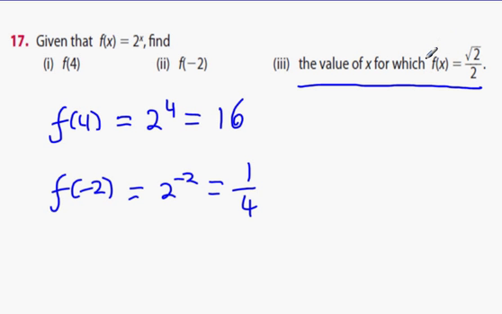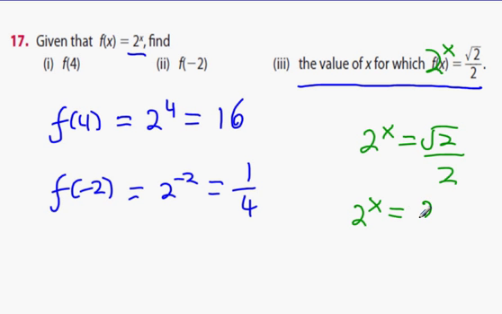Finally, find the value of x for which f of x equals root 2 over 2. What can we change f of x with? 2 to the power of x. 2 to the power of x equals root 2 over 2. Do you remember doing this? Do you remember how you do these questions? Okay, what can we change root 2 into? 2 to the power of a half. 2 stays the same.